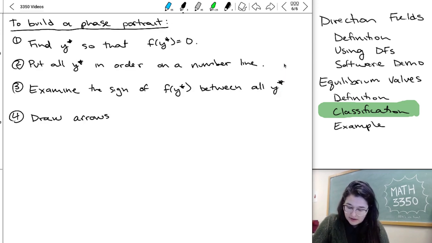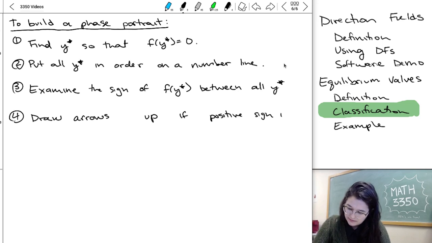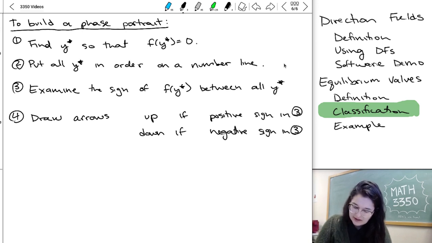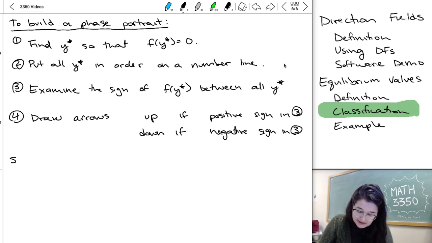Draw arrows up if there's a positive sign in that region, or down if there's a negative sign in that region. So for all the places that you looked at the sign in step 3, you draw an arrow up if it's positive, down if it's negative. And then in step 5, you look at those arrows to actually classify our equilibria.